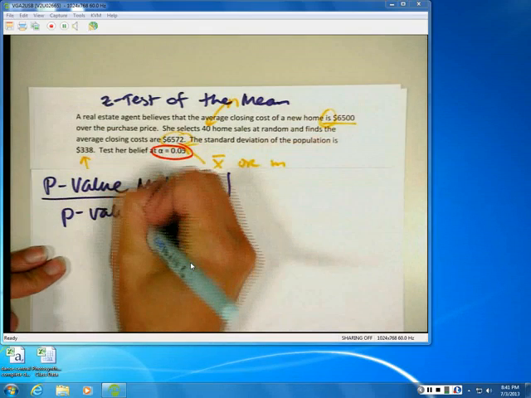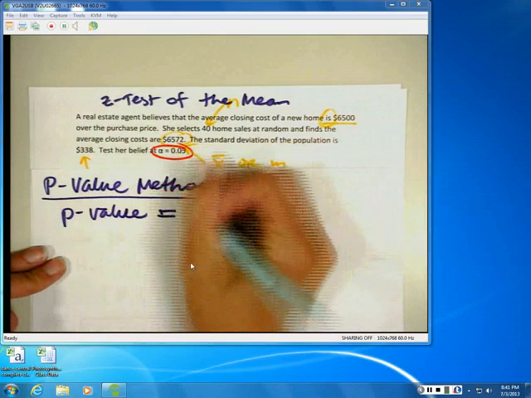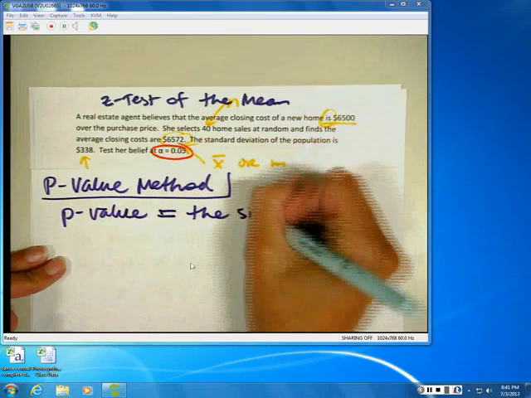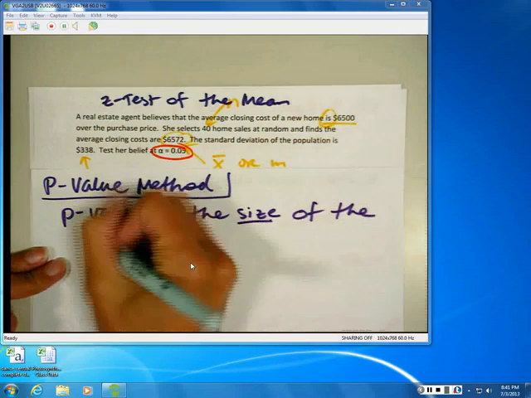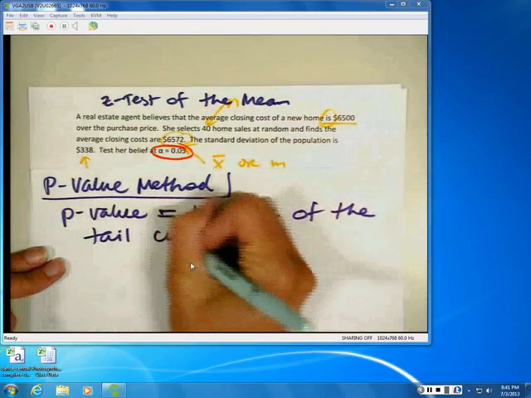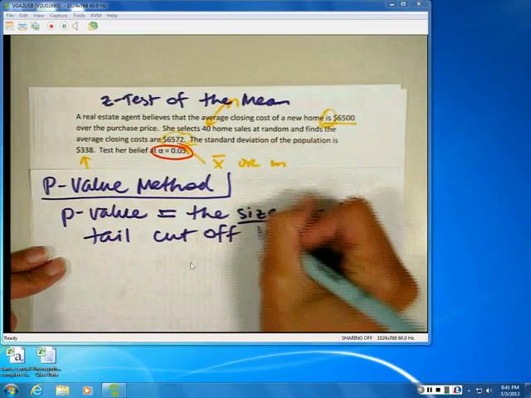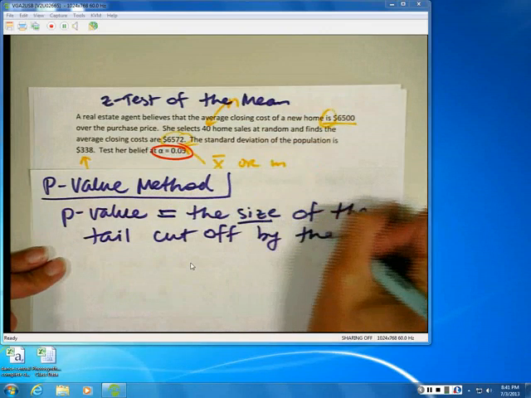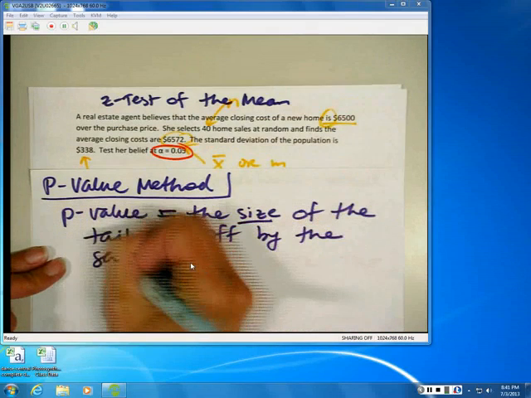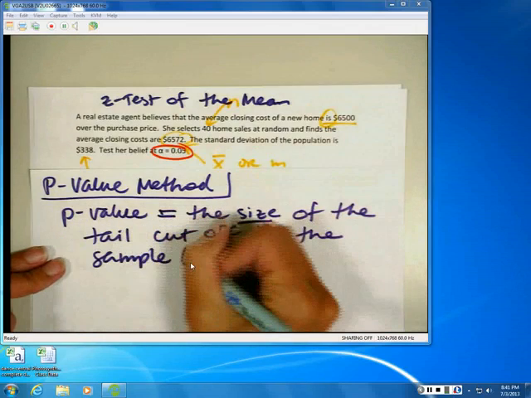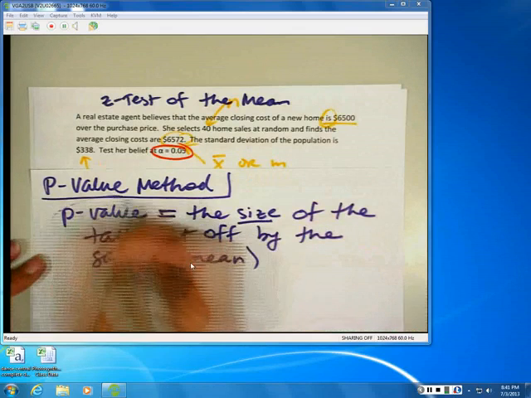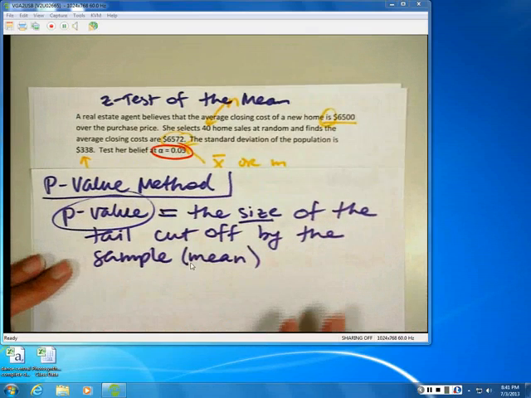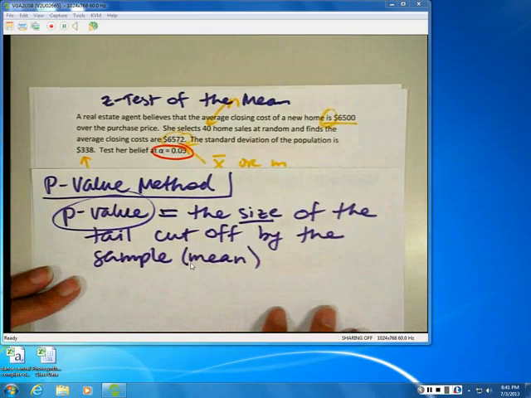The p-value is equal to the size of the tail cut off by the sample. In this case, it's a sample mean. It could be a sample percentage or proportion. So the p-value is the size of the tail cut off by the sample mean.